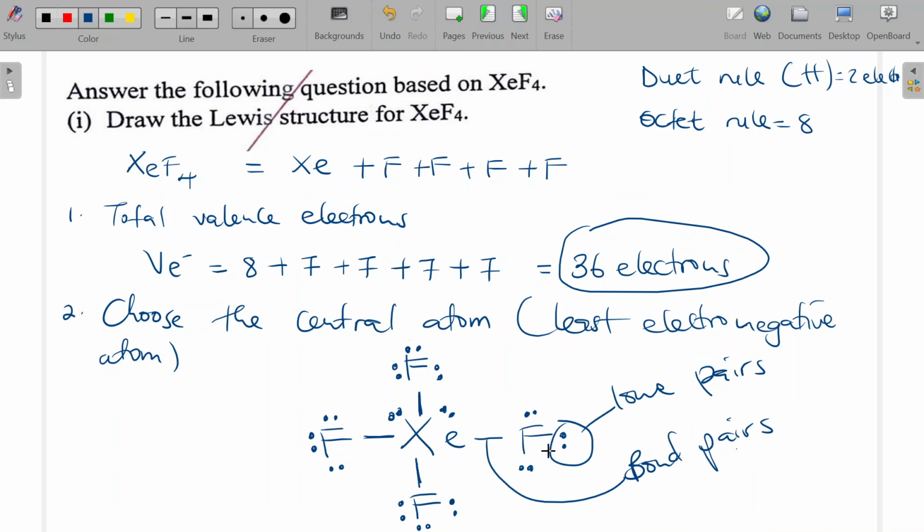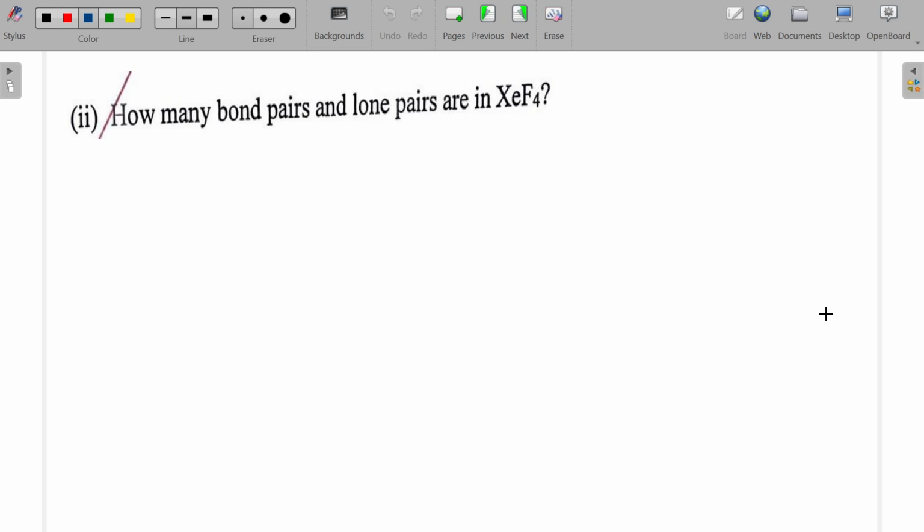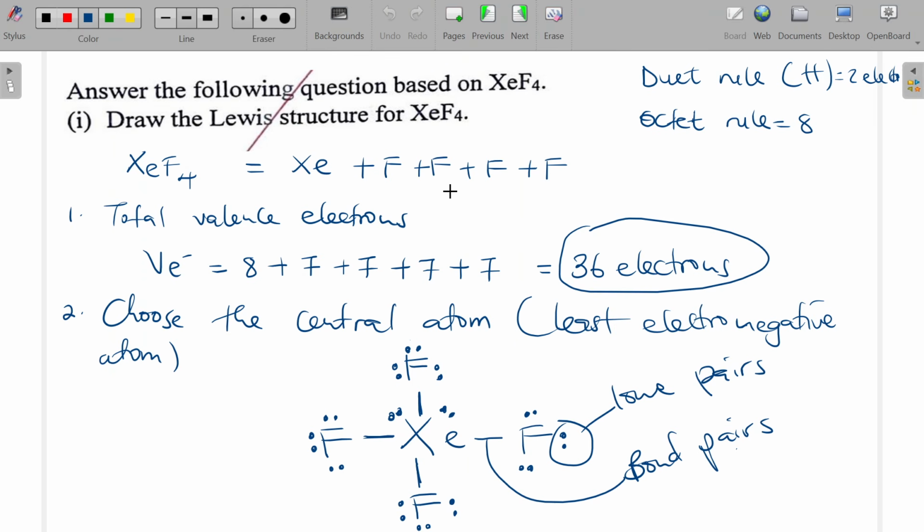If you are to calculate the lone pairs, they didn't specify. They can ask you to say in the xenon. But if they just said in XeF4, it means it's for the entire compound. So for the entire compound, XeF4, you calculate the lone pairs. In this case, we have 1, 2, 3, 4, 5, 6, 7, 8, 9, 10, 11, 12, 13, 14.